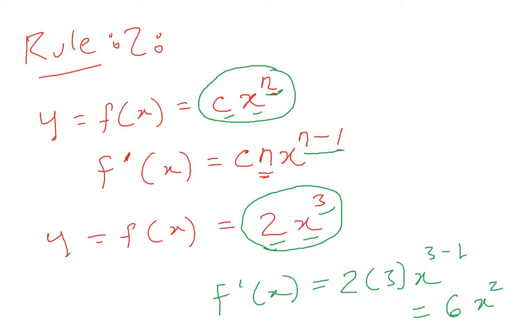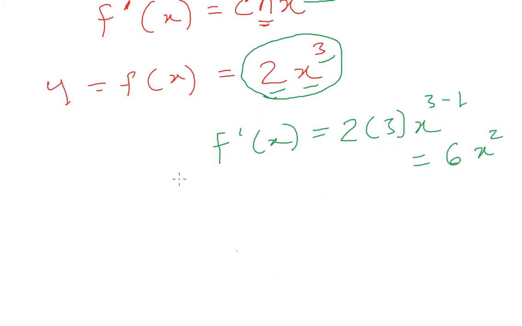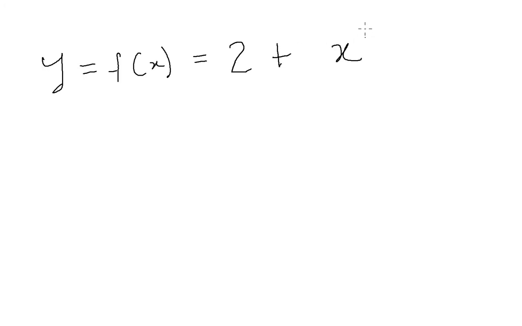Now let's move on to a slightly different scenario. Let's say we have a case like this. So once again we have a function, and in this case we have a constant, and we also have a variable portion.